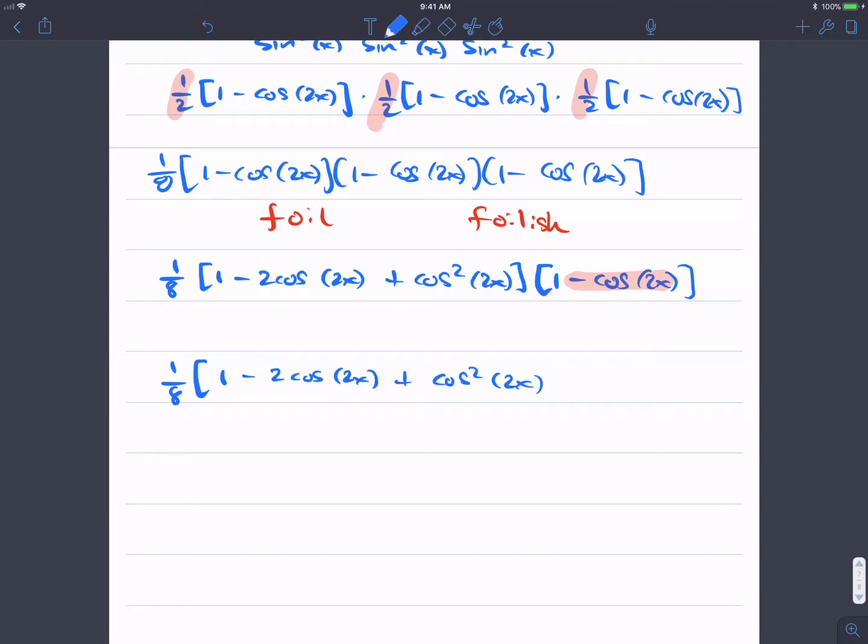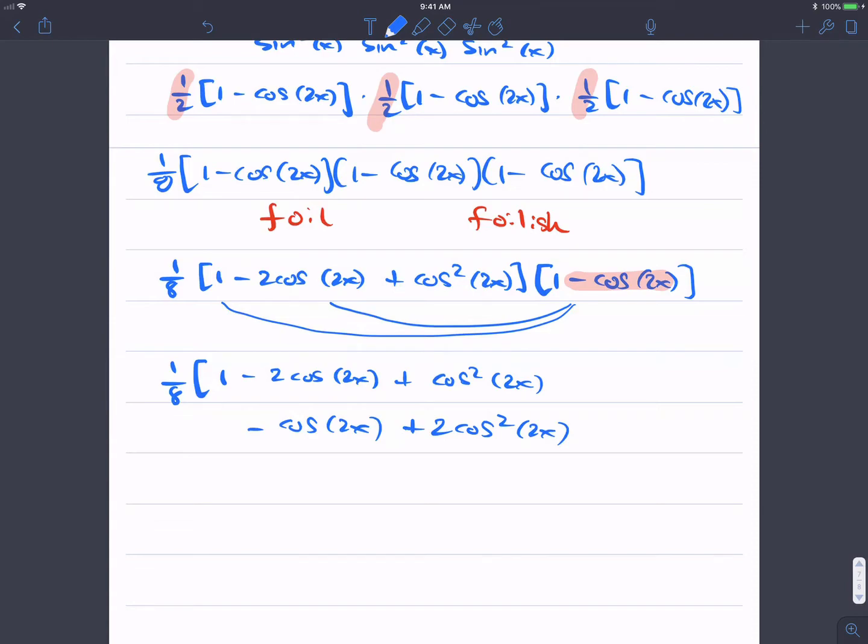And I'm going to try to strategically place these answers below. Let me show you what I'm talking about. This minus cosine 2x gets multiplied to the 1. And so that's going to give me a minus cosine 2x. I have to multiply it by the negative 2 now here. So that's going to be minus and minus makes this a plus. And that'll be now plus 2 cosine squared 2x.